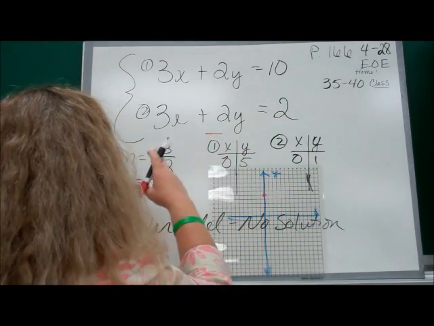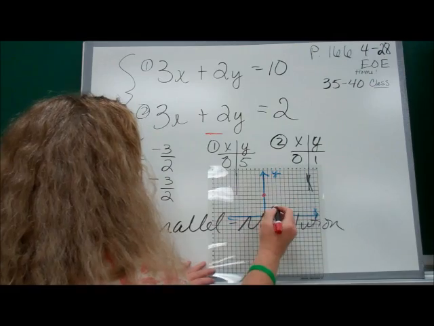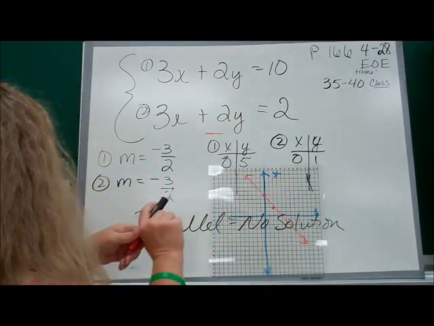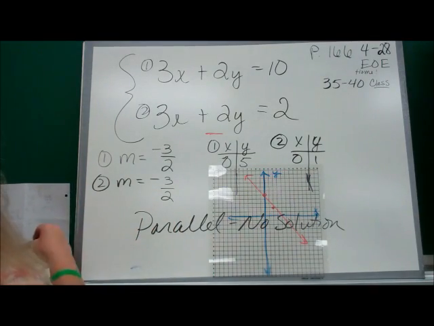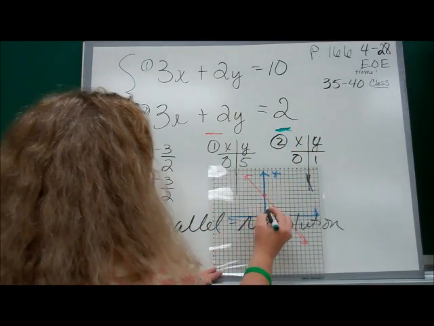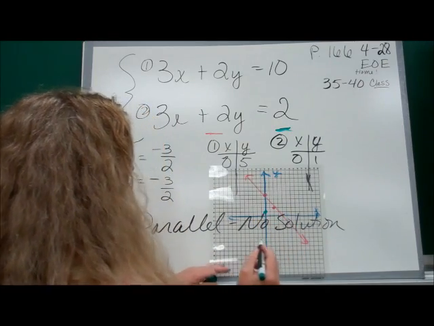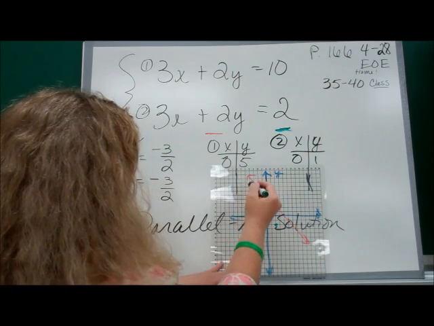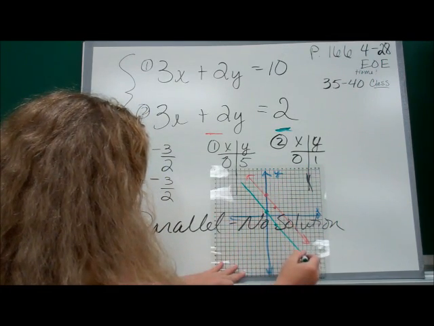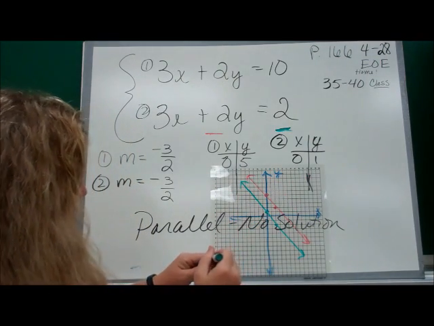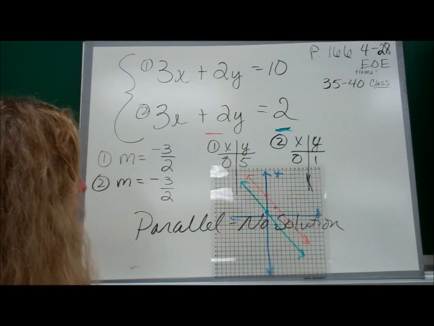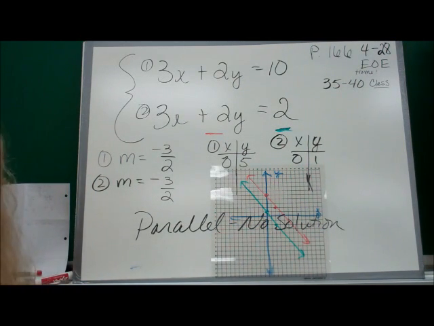Use the slope, which is negative 3 over 2. There is that one. Change colors. Go for green for equation 2. 0, 1 is the y-intercept. Negative 3 over 2. If I had used a ruler, I could have made them look much more parallel. But there they are. Okay, so no solutions were parallel lines, infinite solutions were coinciding lines.